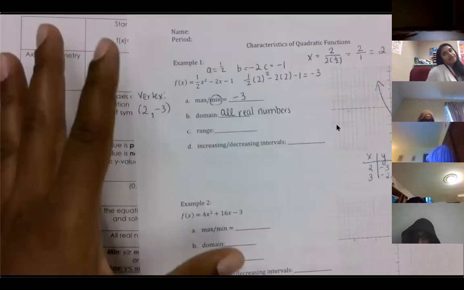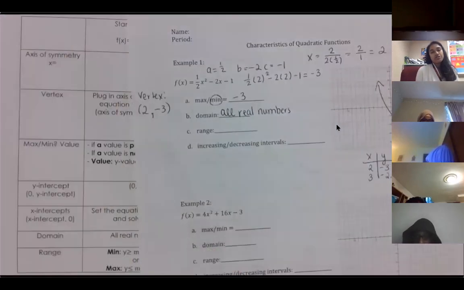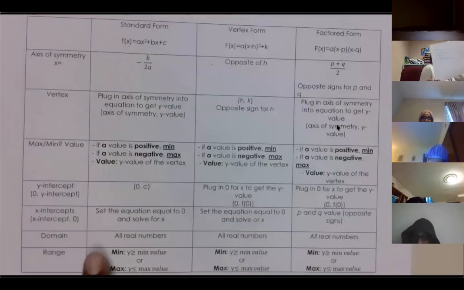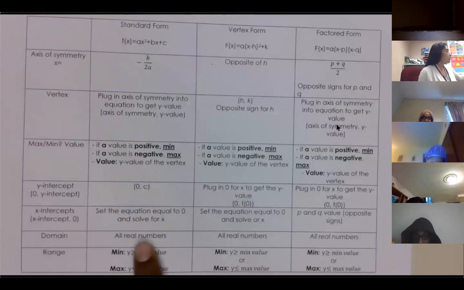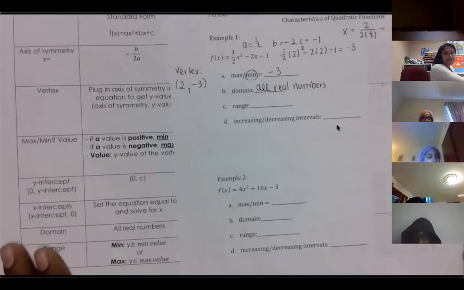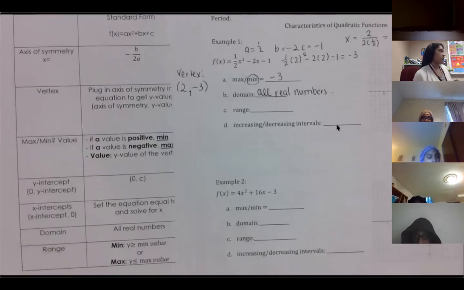And that's actually a freebie. For quadratic functions, your domain will always be all real numbers. So if you look at the cheat sheet, you'll notice that that row for domain, no matter what format you have, is always going to be all real numbers. So that's a freebie for you. For quadratic functions, domain will always be all real numbers.